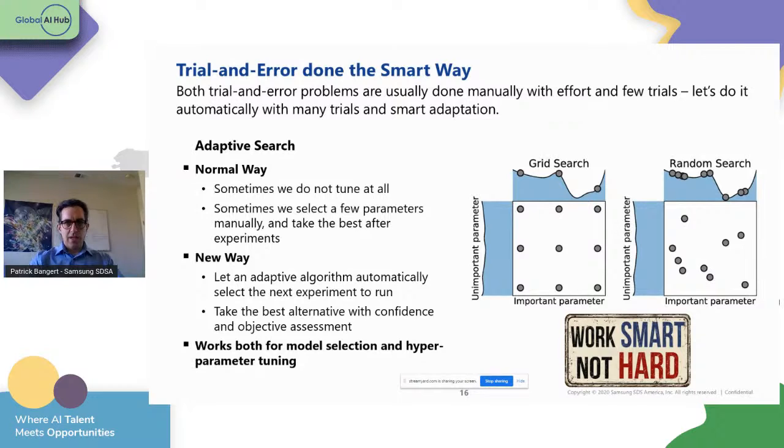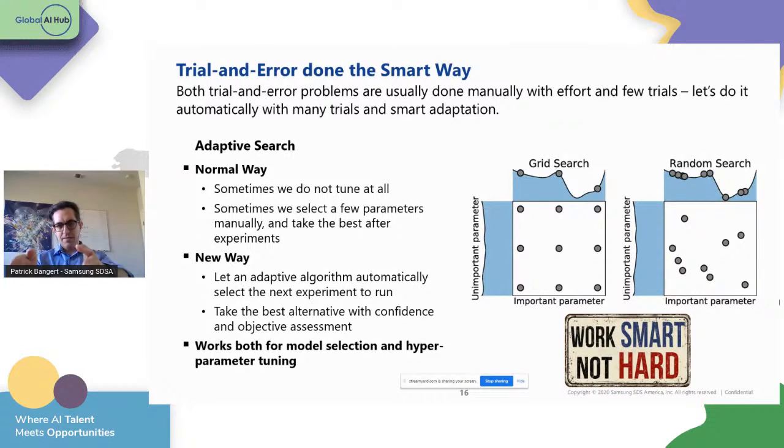We can do this trial and error manually, which is usually the grid search pattern that is displayed on the left-hand image here, where we say, okay, so we have these hyperparameters. There are maybe 5 or 6 important hyperparameters. And what we're going to do is something called design of experiment, where we basically come up with a grid from a minimum value to a maximum value of each one of these hyperparameters, and we're going to make a grid.